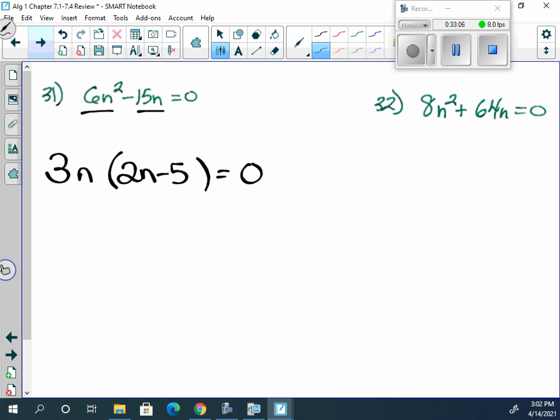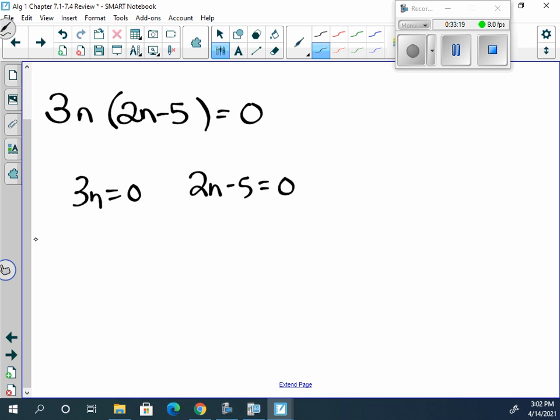Now do I have two things multiplied together to equal 0? So we can set them equal to 0. So we have 3n is equal to 0, and 2n minus 5 is equal to 0. Well, 3 times n equals 0. What does n have to be? 0.